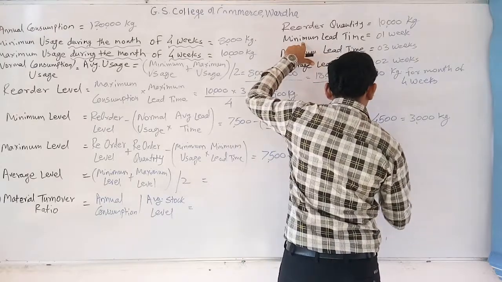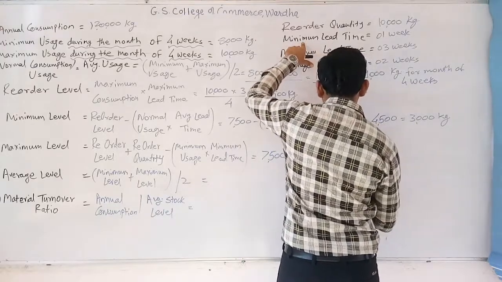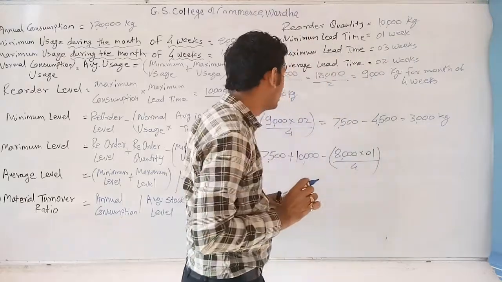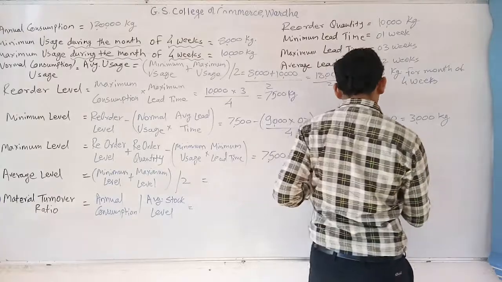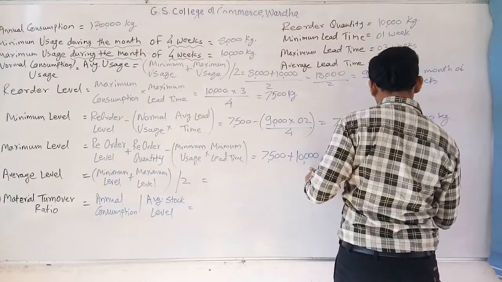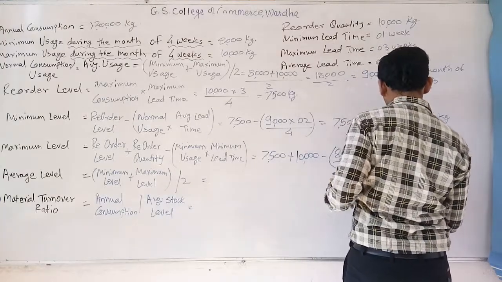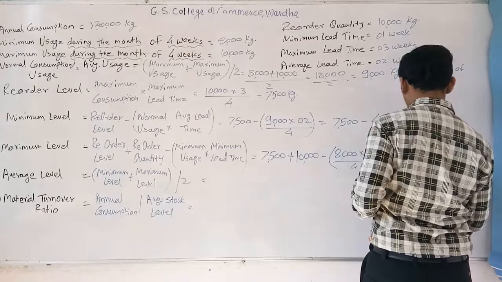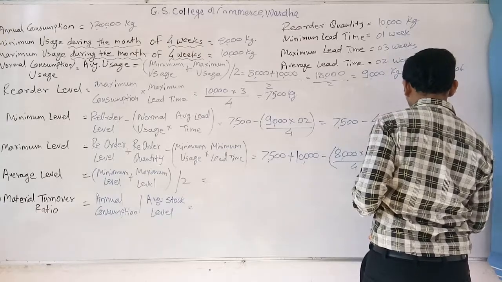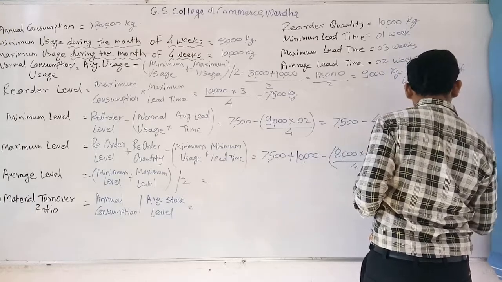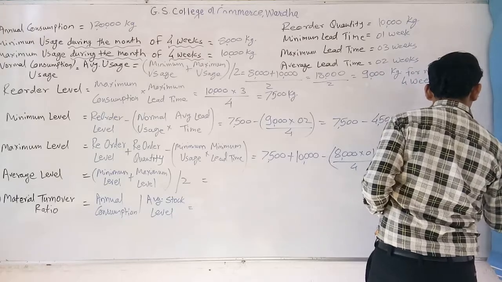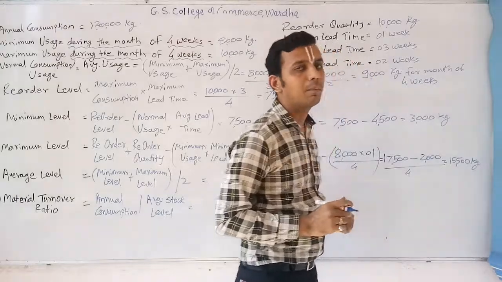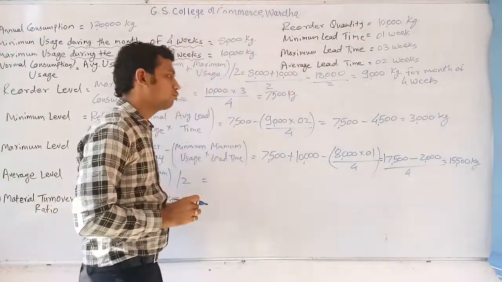Again, as monthly information is given and we are making calculations on a weekly basis, we would divide it by 4, that is 17,500 minus 2000 divided by 4 equals 15,500 kg, our maximum level of stock.